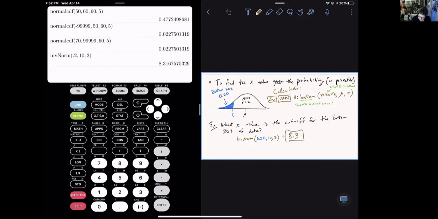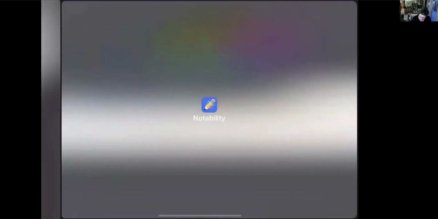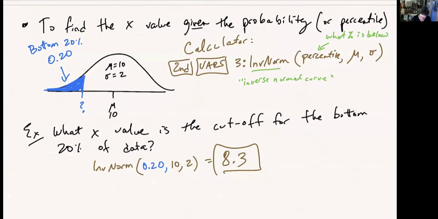So for this example, knowing this mean is 10, the value here that marks the cutoff for the 20th percentile is 8.3.